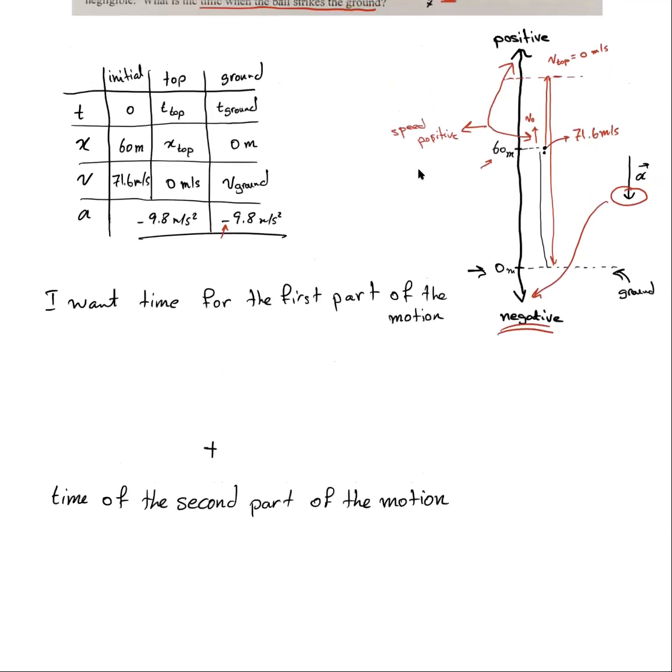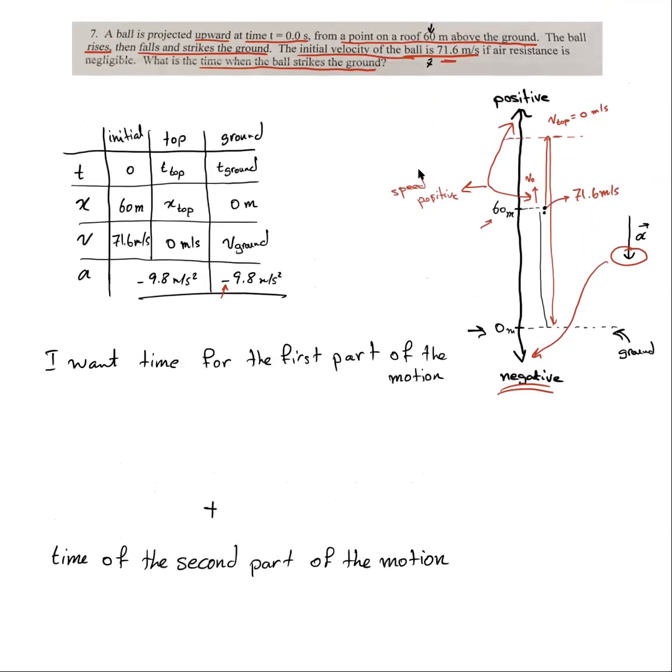Now, to get the time for the first part of the motion, we can look at our knowns and unknowns. We will focus on only this information because we only care about the initial to top. And what we care about is the time, so this variable right here. So what would be the kinematic equation that we can use with our knowns and unknowns to calculate this time?